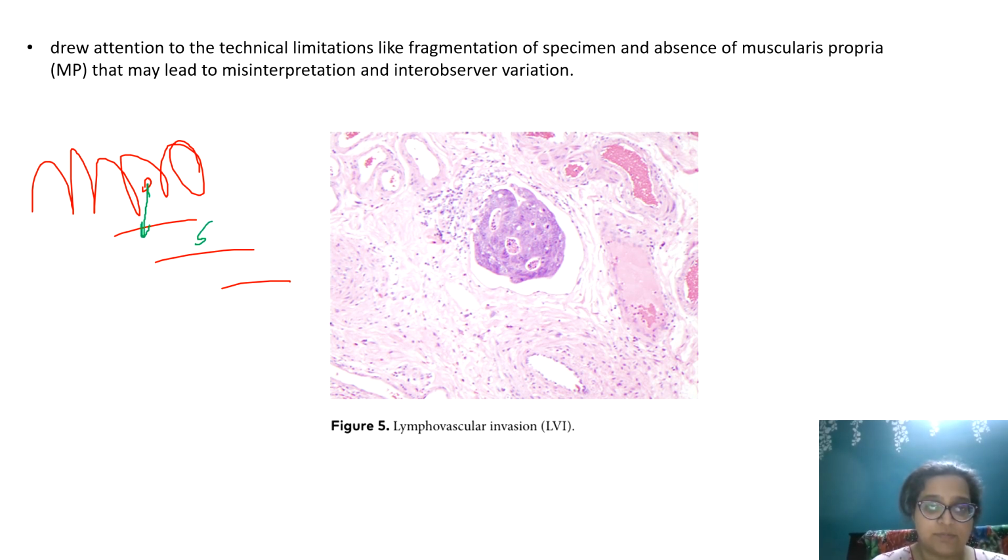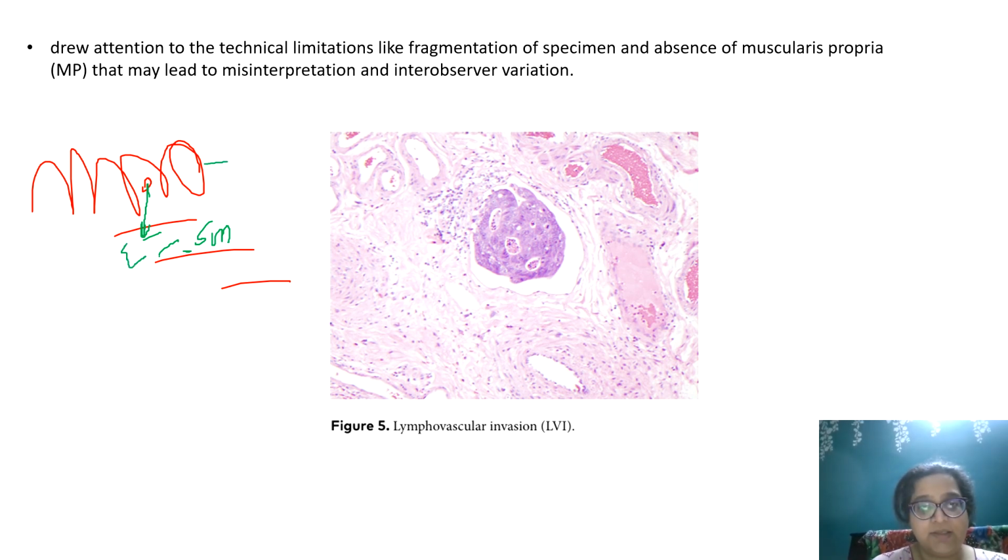This is the submucosa. The depth of invasion of submucosa they grade as SM1, SM2, SM3. SM3 is somewhere just above the muscularis propria. SM1 is somewhere just at the start of the submucosa, and anywhere in between is SM2.